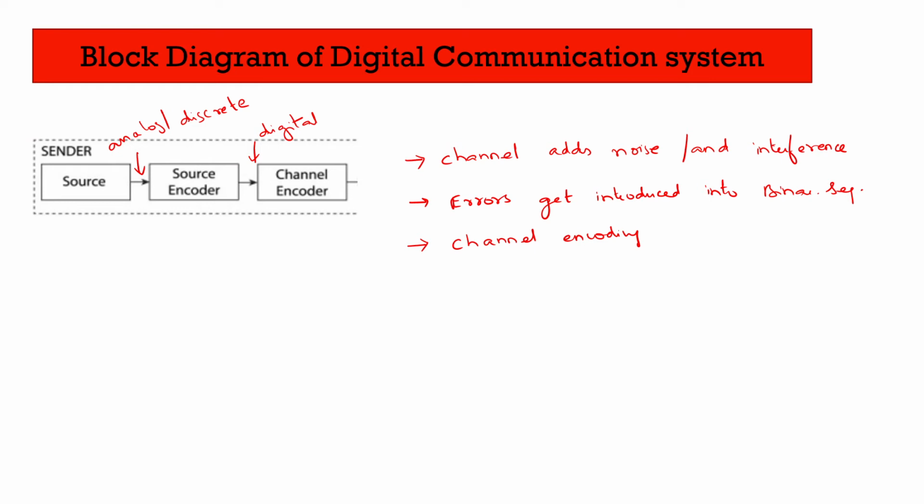The channel introduces noise and interference. Thus the errors get introduced into the message bits. Completely we cannot avoid it, so in order to detect the errors and correct those errors, we use the channel coding.